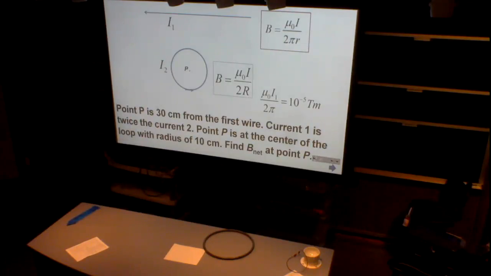Well, each source is responsible for its own individual magnetic field. Two sources means two individual magnetic fields. You have to draw B1, B2, calculate B1, B2, and then add them up as vectors to get the net.